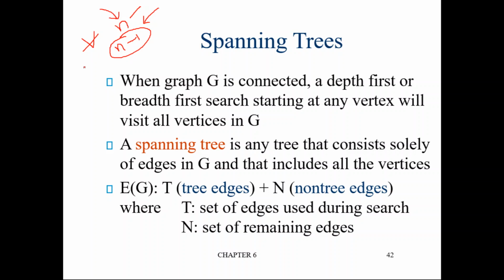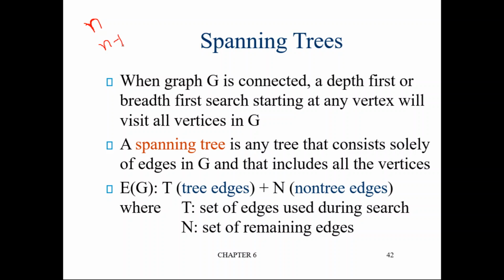So this is the condition to check whether it is a spanning tree or not. When you create a spanning tree for a graph with n vertices, it will have n minus 1 edges.